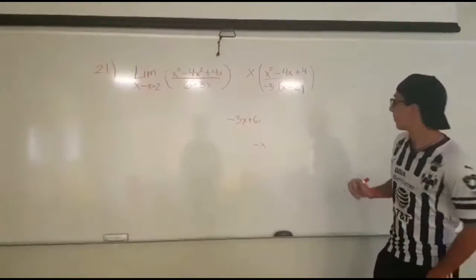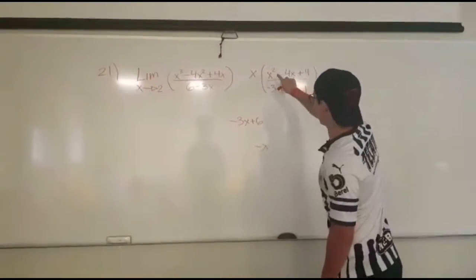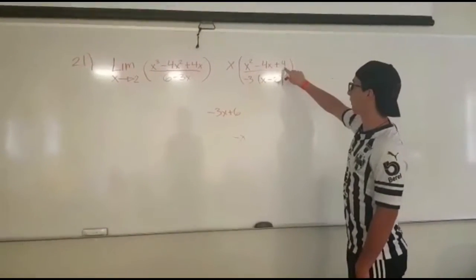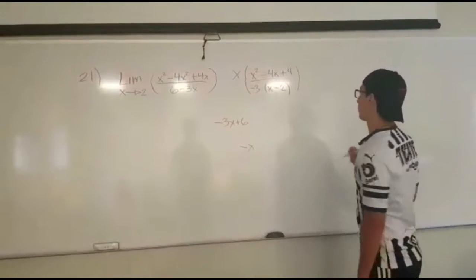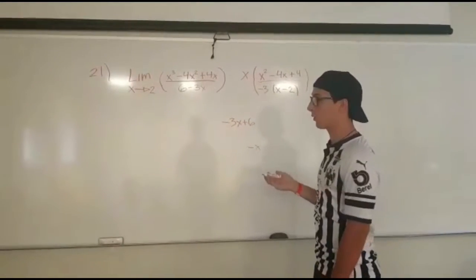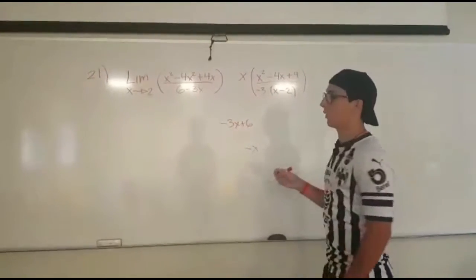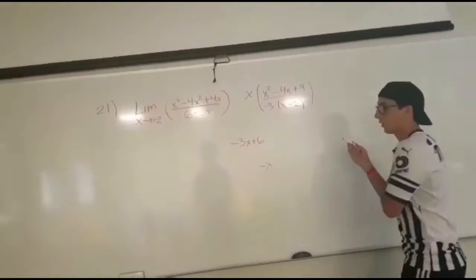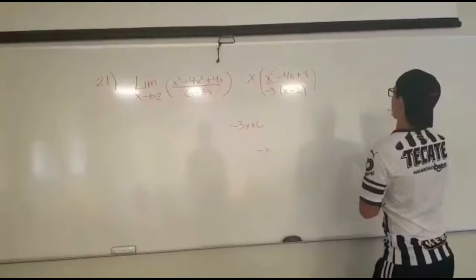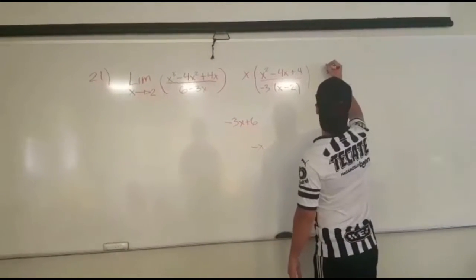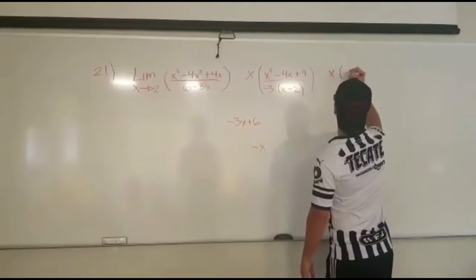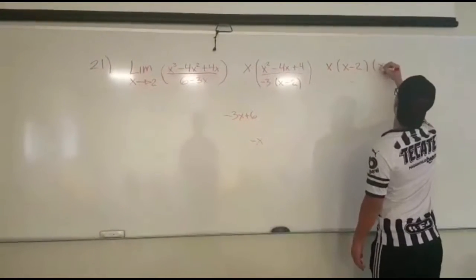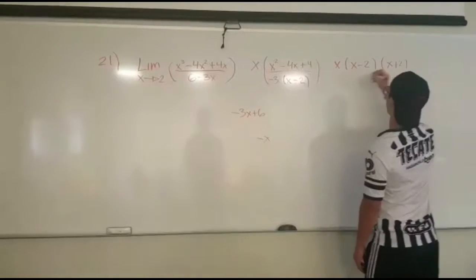Okay, so then you can factor the terms on top. You have to find 2 numbers that multiply to give you negative 4 and add up to give you positive 4? Rather, the terms are obviously x minus 2 and x plus 2.